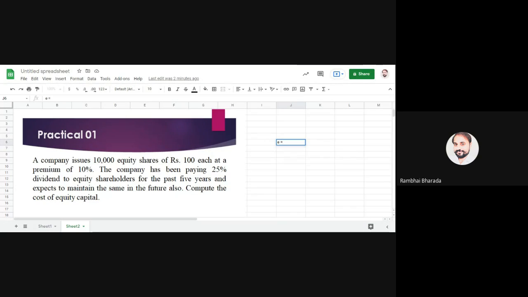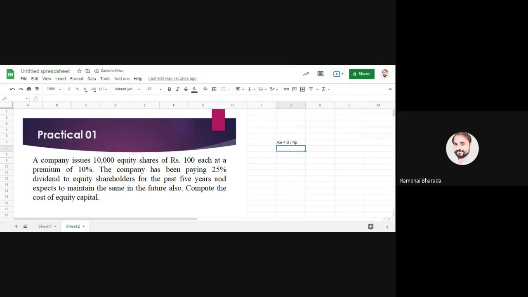KE is equal to D divided by NP. Here the issue price is given to you. So whenever the issue price is there, we need to take NP.